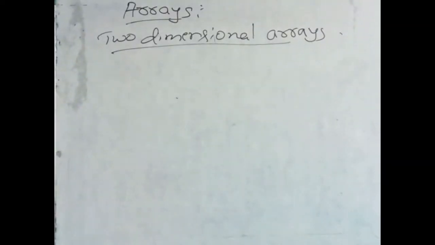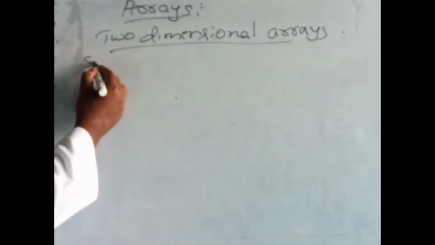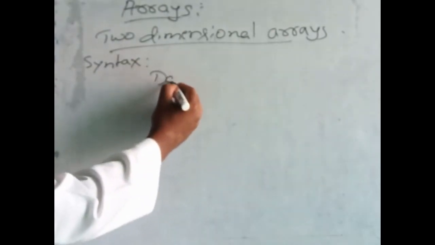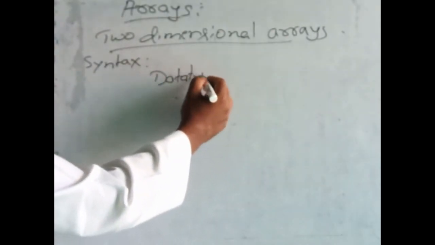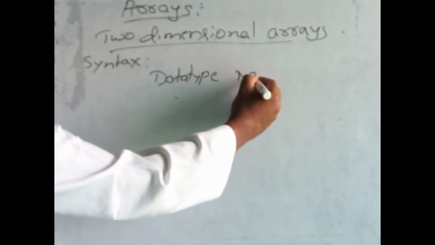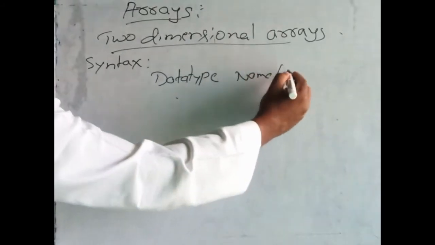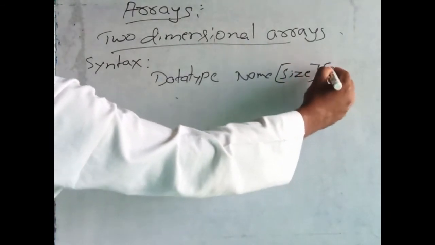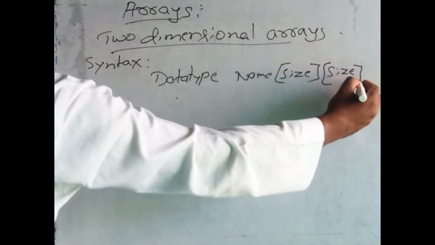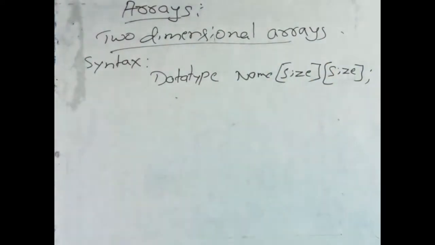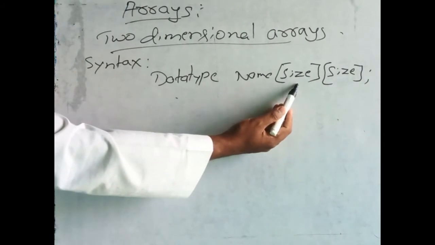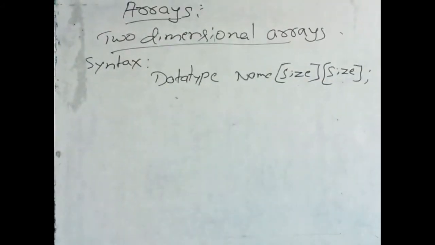If you see the syntax: data type, name of the array, here size, and here also size. Here it contains two subscripts. Each subscript contains a size. Here we represent the size, and here also we represent the size.